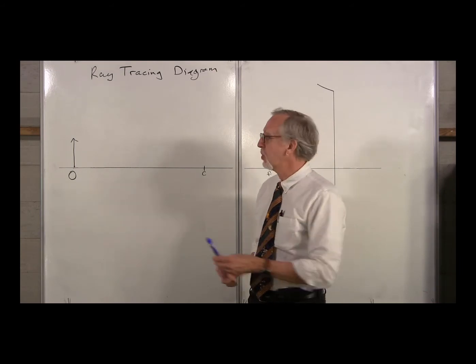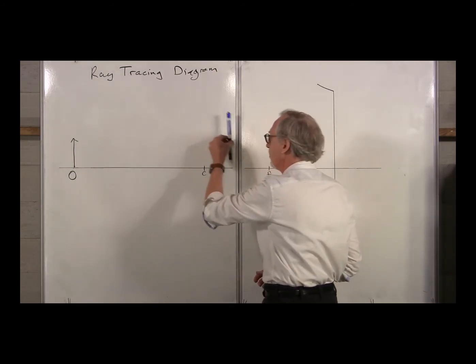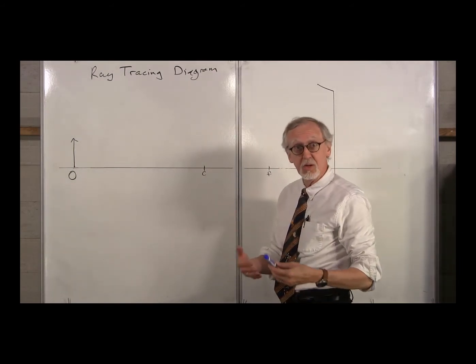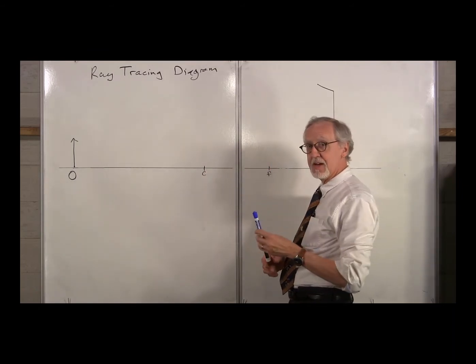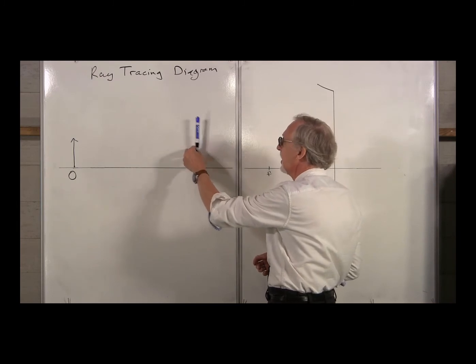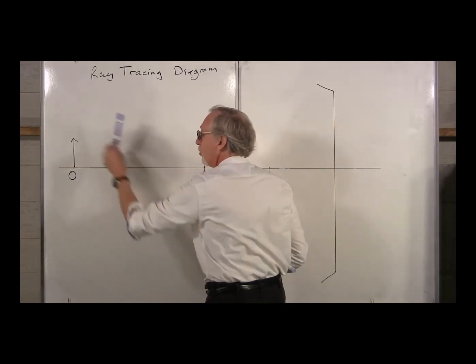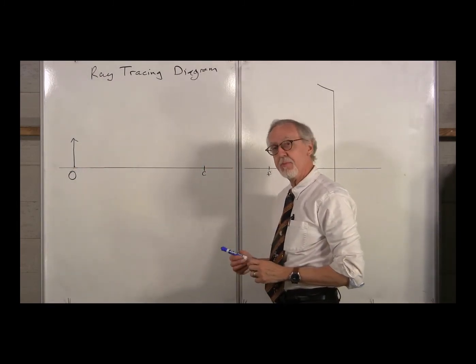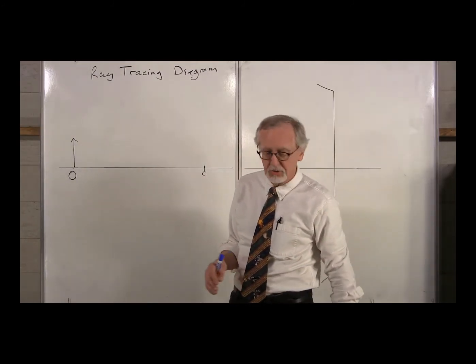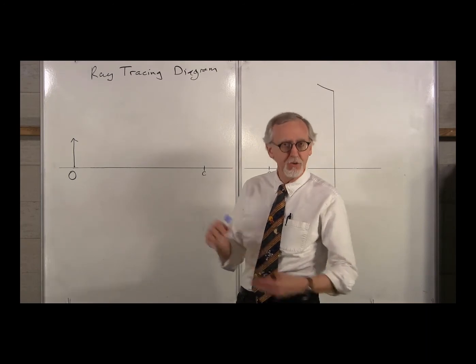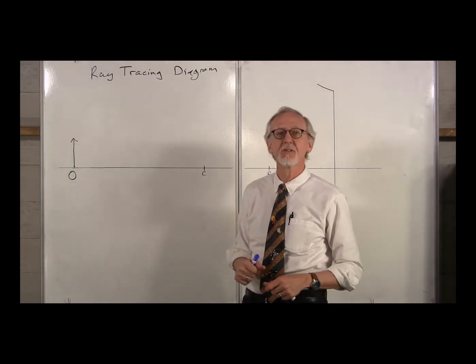You can make drawings with your objects at all sorts of different places, and the drawing will look different. But in the notes, I think that I put the object exactly twice the radius of the mirror away from the mirror. So if you wanted to do it just like it was in the notes, then you should do that. But you could put it anywhere you want, and the drawing will look somewhat different.